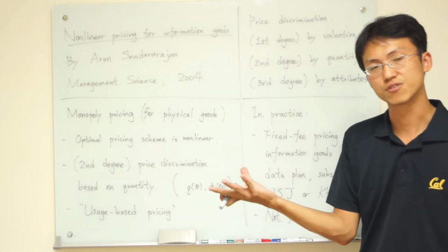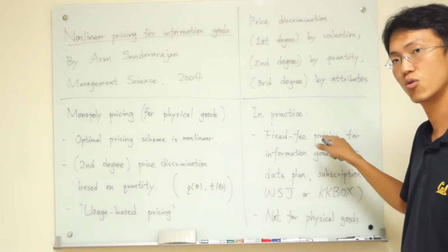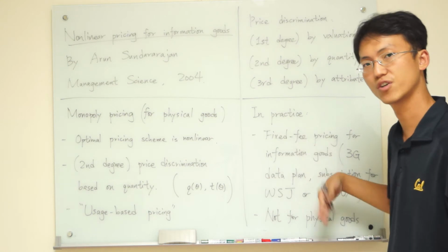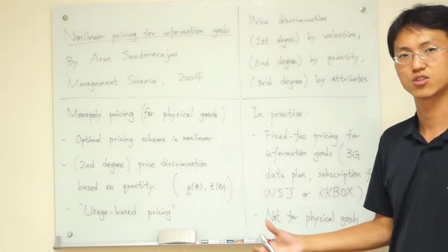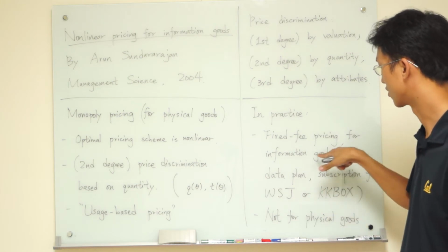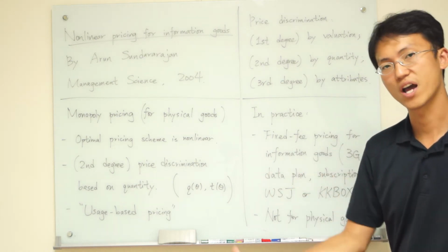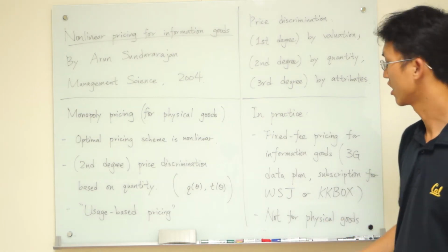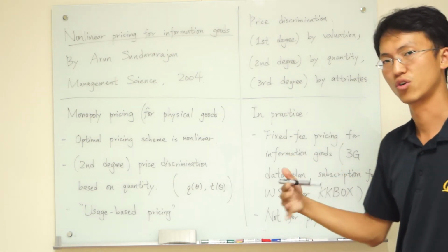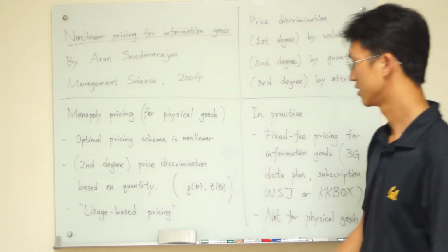We observe some practice, or we observe some differences for different kinds of industry or products. For example, fixed fee pricing for information goods, but not for physical goods. And then we ask why this is the case. Why this works, or actually it shouldn't. That's our question.